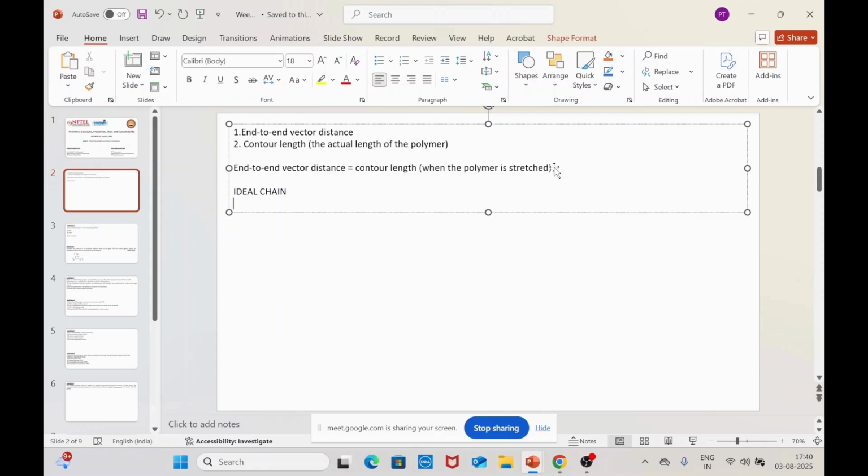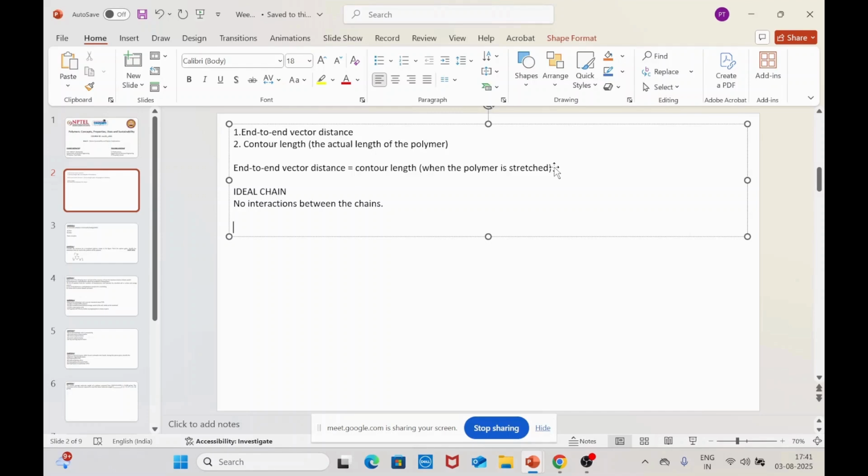What is that consideration that we keep? This is the basic assumption that the molecular interactions between the different parts of the chain are not present, or there are no interactions specifically.